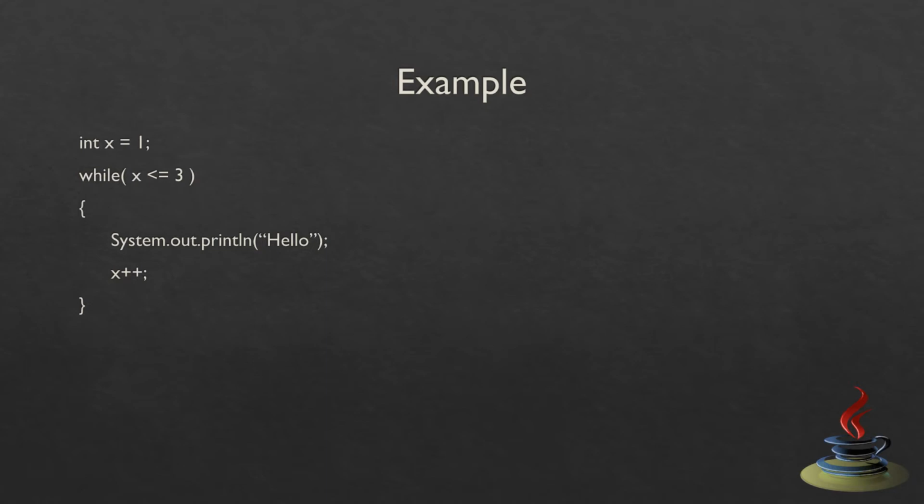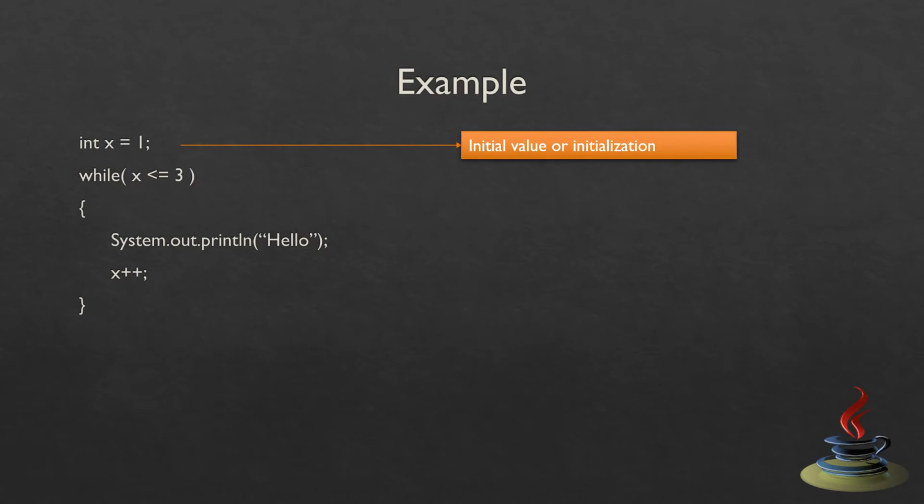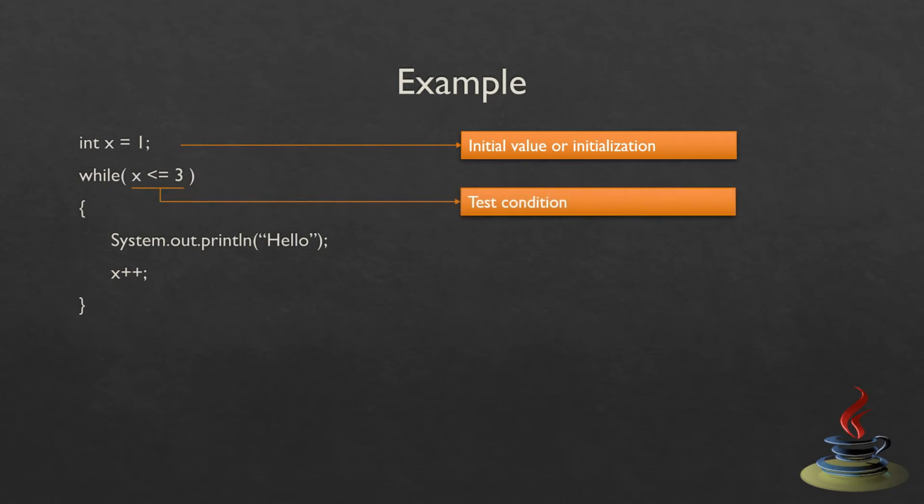In this example, what is my initial value? The initial value is x, whose value is 1, and x <= 3 is my condition. While I initialize x equals 1, that means 1 is less than or equal to 3.